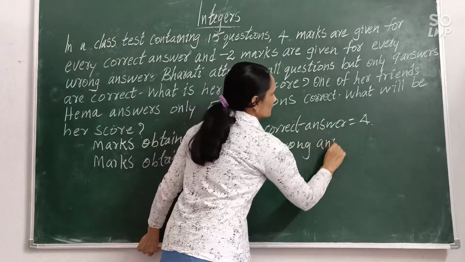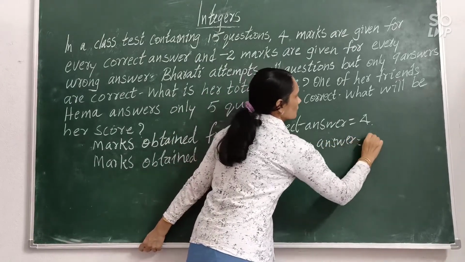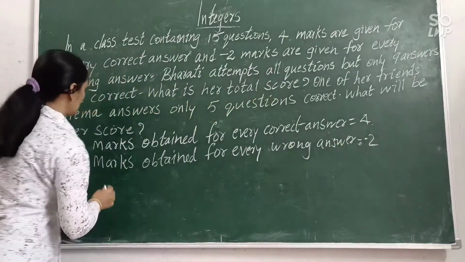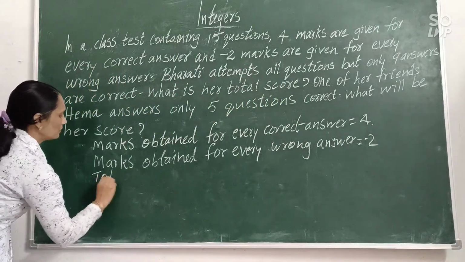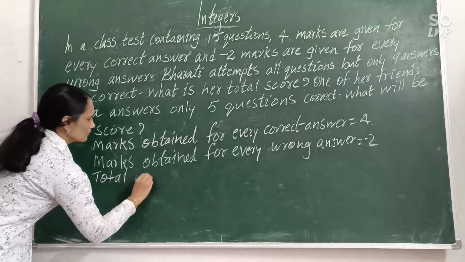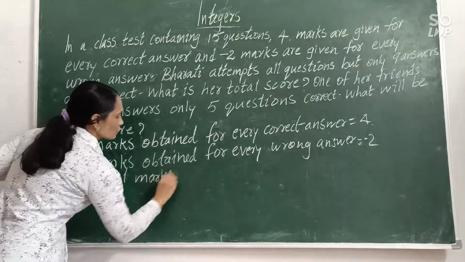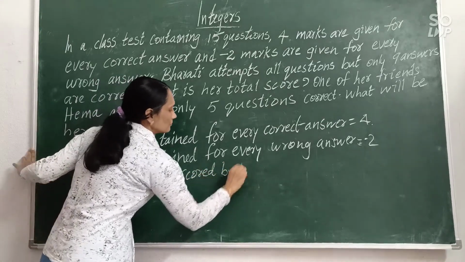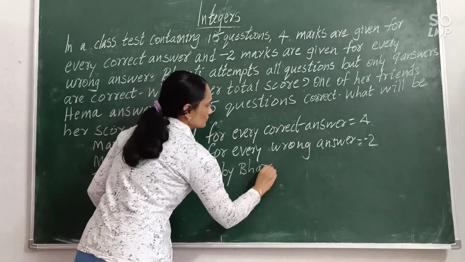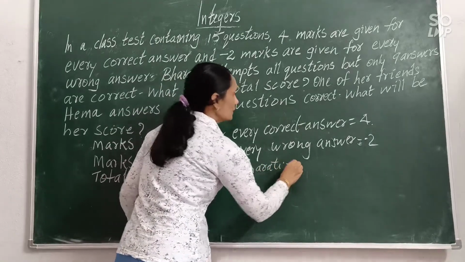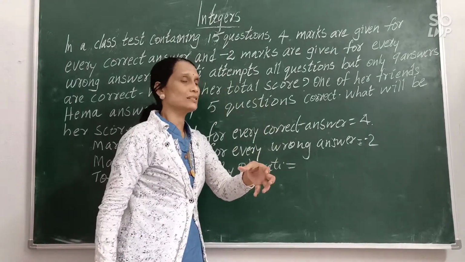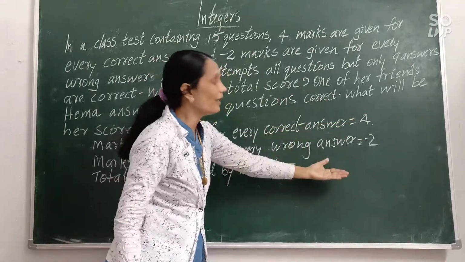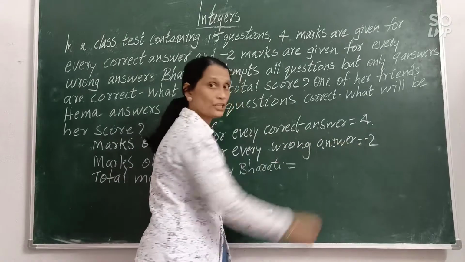Is it? So total mark scored by Bharati. Let us see. Total mark scored by Bharati. What is the answer? Number of correct answers into 4 plus number of wrong answers into -2.